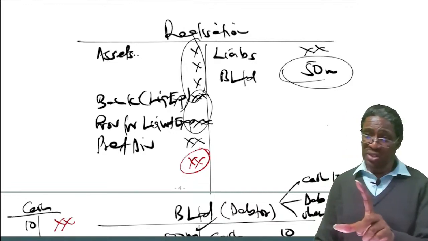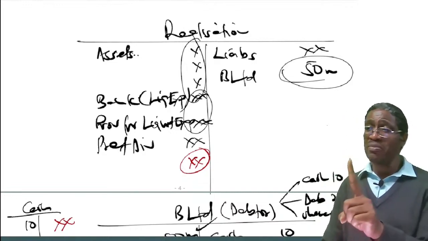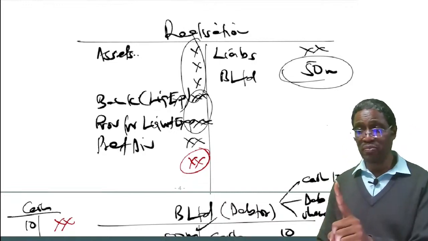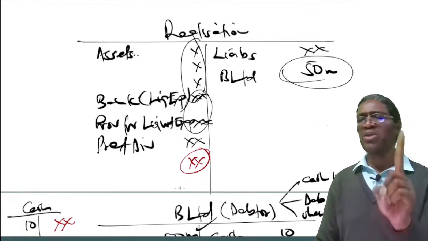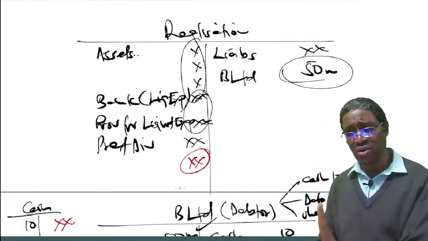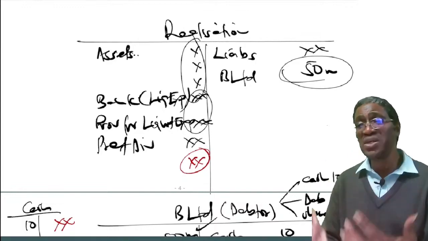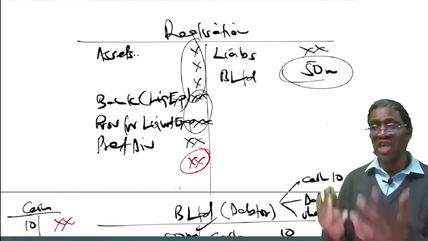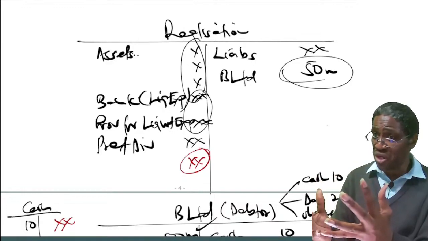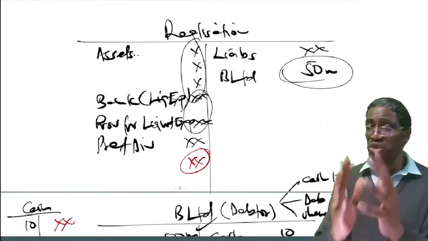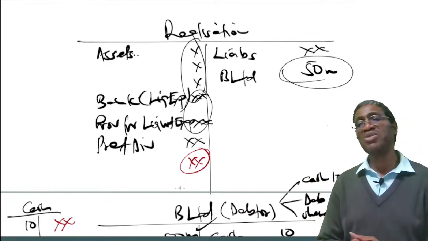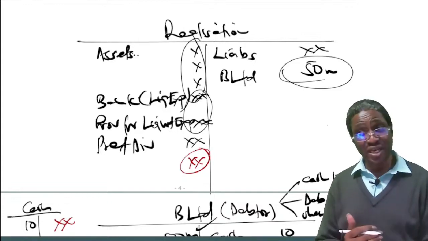It implies that what you as company A are receiving from B is more than what you are giving to them on the debit side. So it is obvious you are selling your business at a gain. If what you are going to receive, which is on the credit side, is more than what you are going to give out, then it means you are selling your business at a gain.